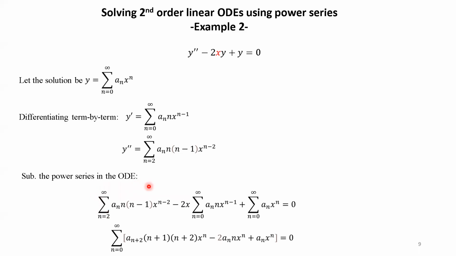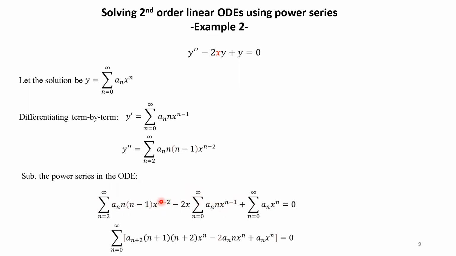Again, the strategy is that here you have the first series comes with x to the n minus 2, the second series comes with x to the n minus 1, actually after you multiply this x in here it is also x to the n, and then the last one is also x to the n. So what you want to do, as I illustrated in the last example, is that you want all three series to come with x to the n.